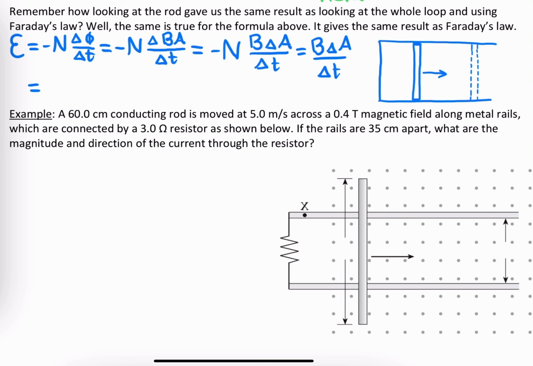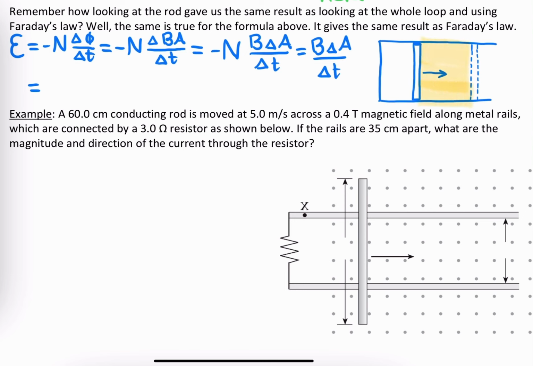So delta A is the change in area of the loop. The original area of the loop was just this here. And that area is always going to be there. But as the rod moves, there's going to be some new area that's added. And that new added area is this stuff in here.